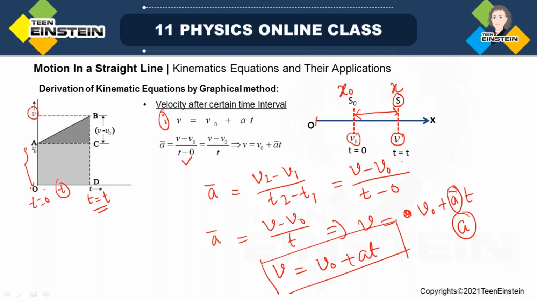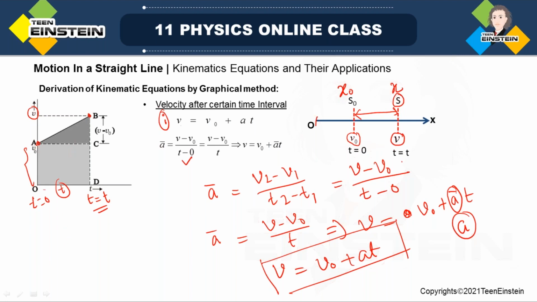This is the velocity v. Now in this curve, how do you represent this particular final velocity? It is represented by this straight line AB.